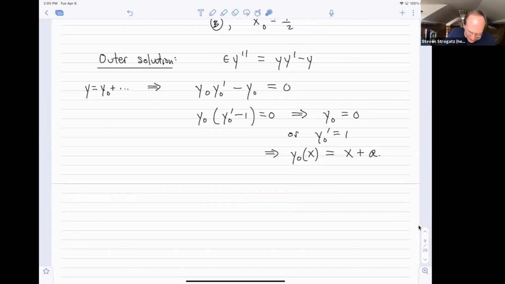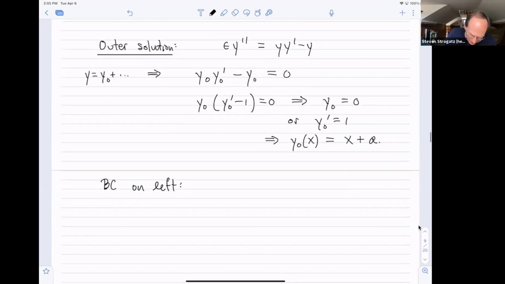So using the boundary condition on the left, which says y0 on the left at 0 should be 1, that will give me y0 of x on the left is just 1 plus x.